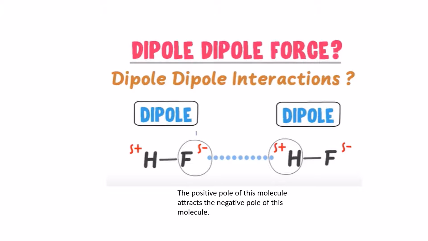This is the positive and this is the negative. The negative end of this molecule, which is the fluorine side, attracts the positive end of this molecule, which is the hydrogen side.